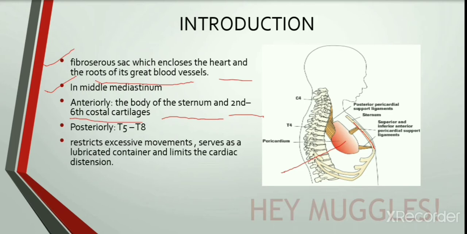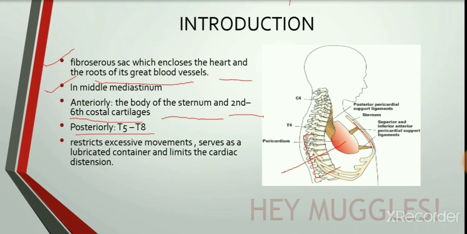Then we have posteriorly T5 to T8 thoracic vertebra. You can see in this picture posteriorly we have T5 to T8 thoracic vertebra.